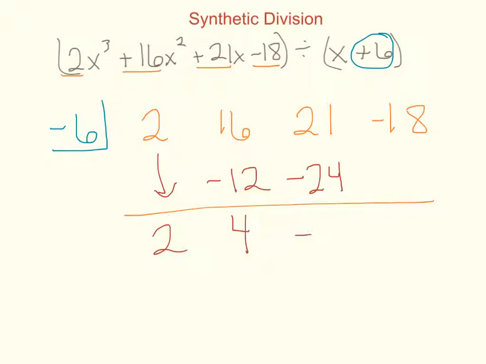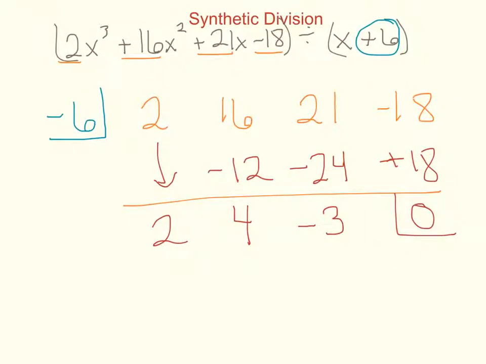Add, you get negative 3. Negative 3 times negative 6 is positive 18. And when you add those, you get 0. Now put a box around here because this is our remainder. And since we have no remainder, it's not actually part of our answer.